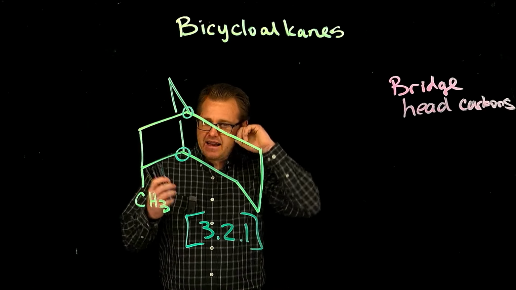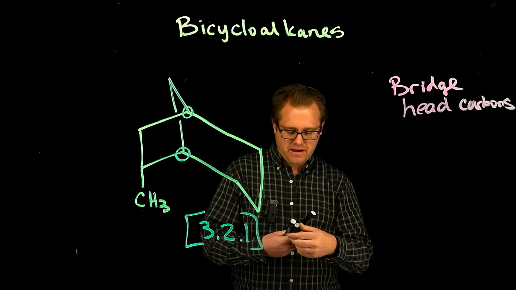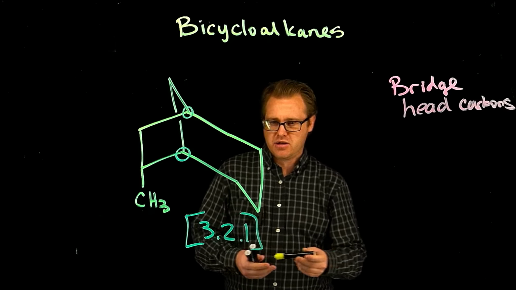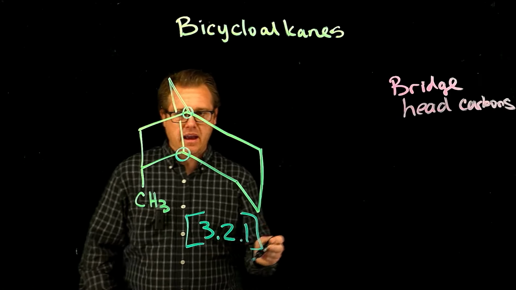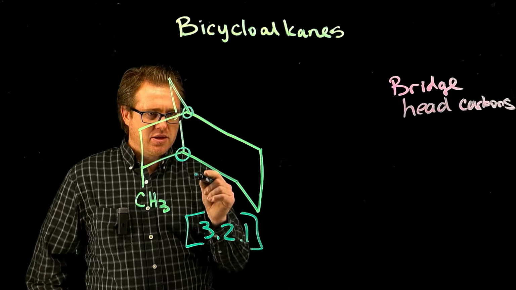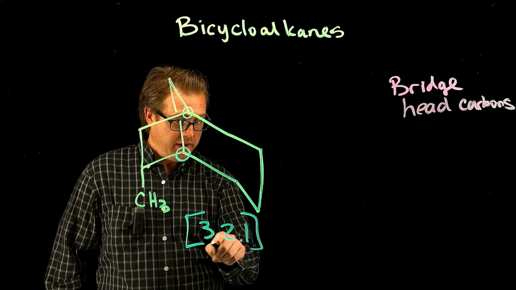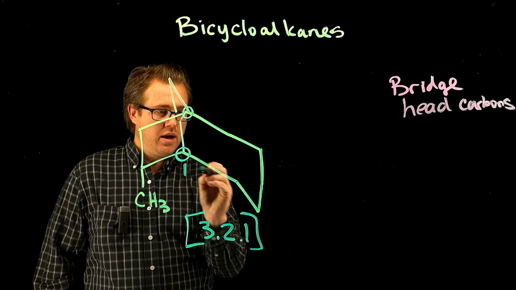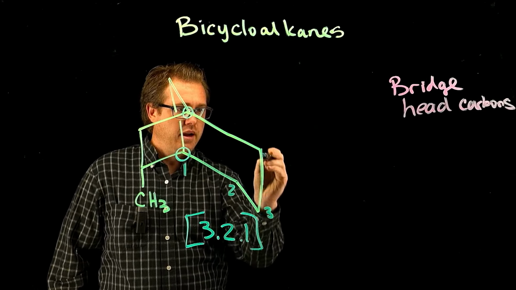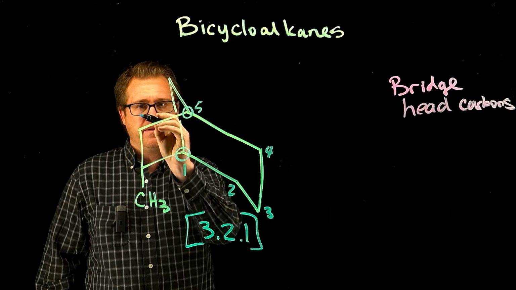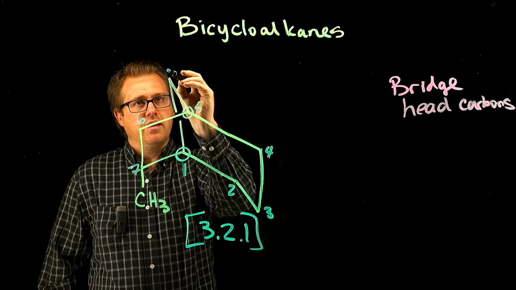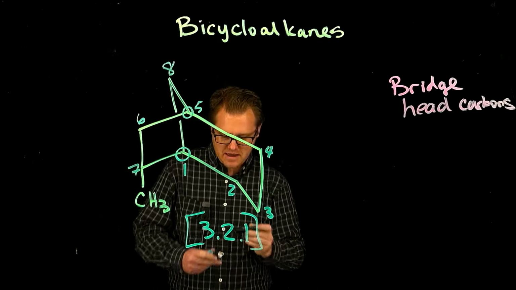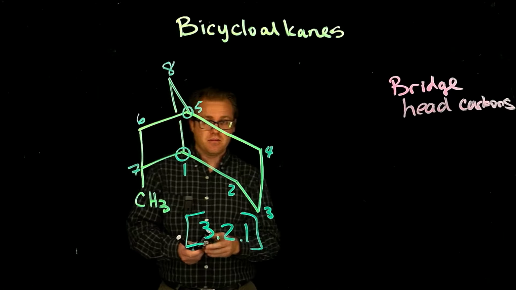Now we have to select a correct path. Okay, so let's do this in colors here. What if I numbered it this way, following 3, 2, 1? So 1, 2, 3, 4, 5, 6, 7. Come back here, then that's 8. Like that, okay? That's one path.